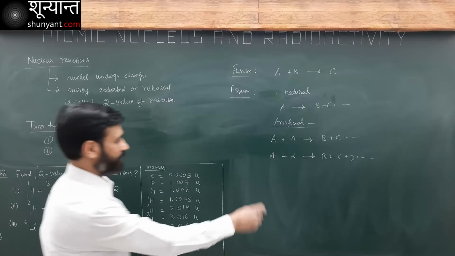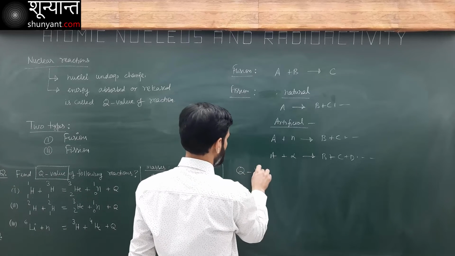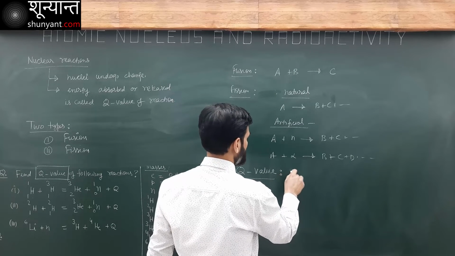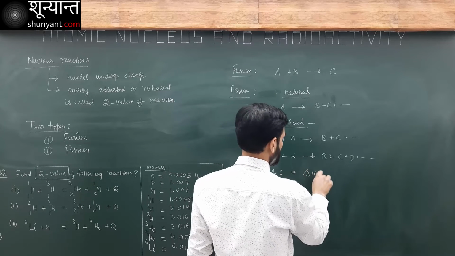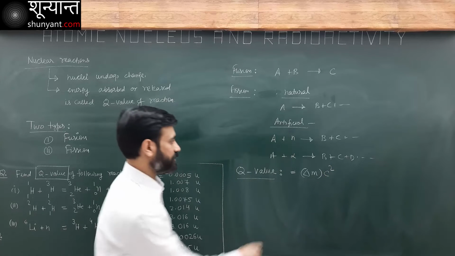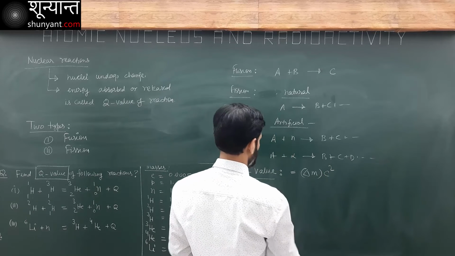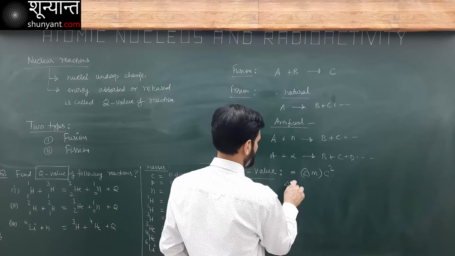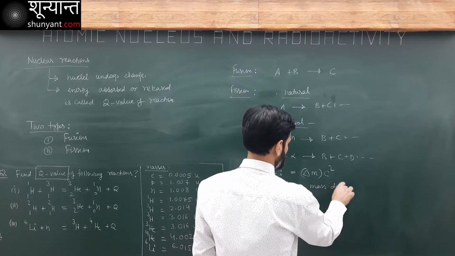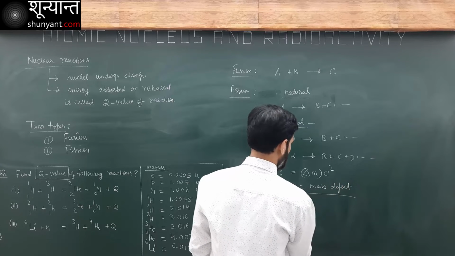Now how do I calculate it? Q value is equal to delta M times C squared. Delta M is mass defect.